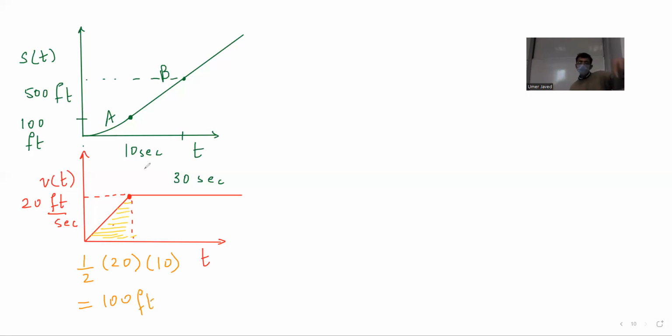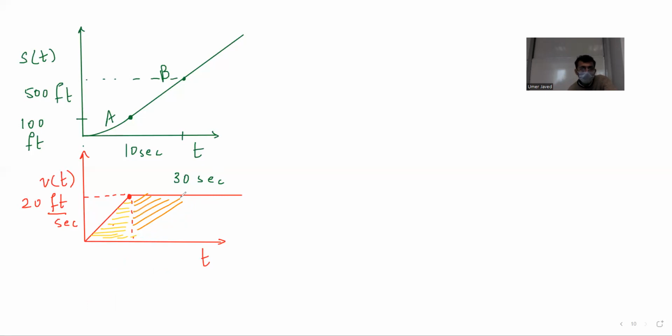Okay, so the area under the curve, you said, tells me the distance covered, right? So am I getting 100 feet from this curve? Yes, I am. So everything is making sense. Last but not least, why don't you all help me with this part? What is the area under this curve? Okay, he said 400.